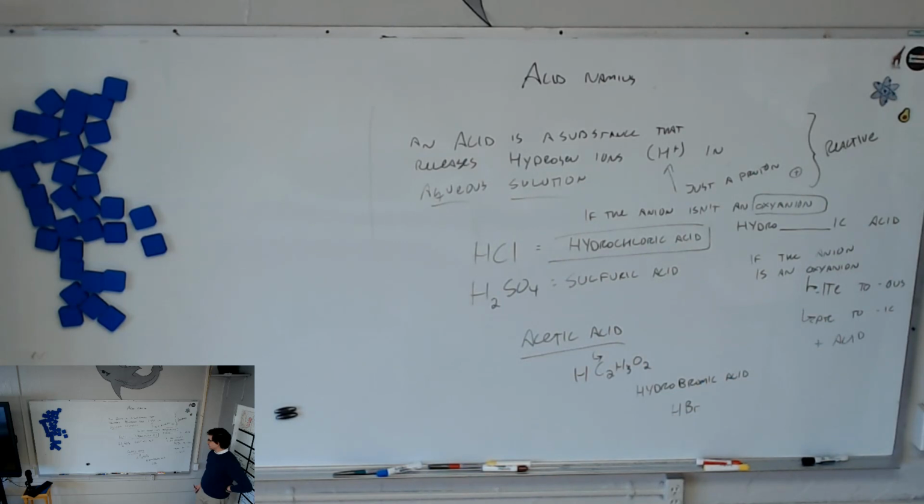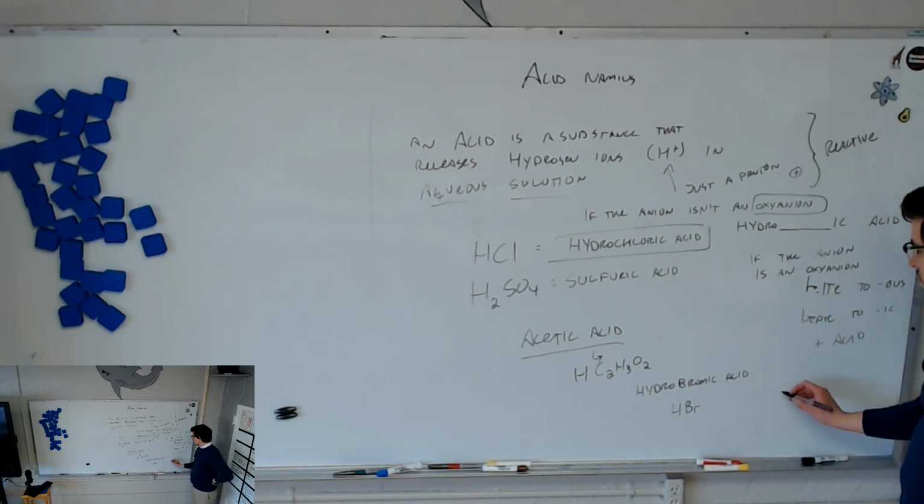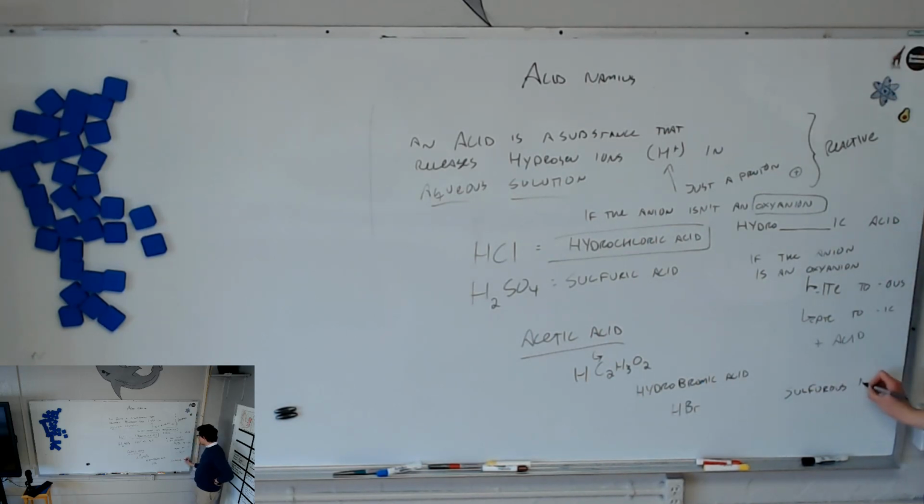Can we do one where it is an oxyanion? Okay, yeah. I'm trying to think of one that we haven't already done, because we just read several from the book. Sulfurous acid. Well, what's the ous ending mean?